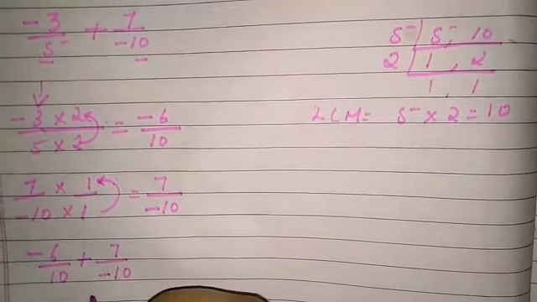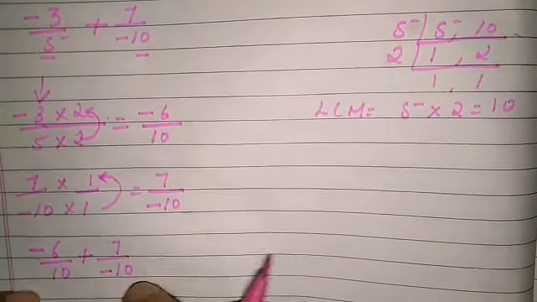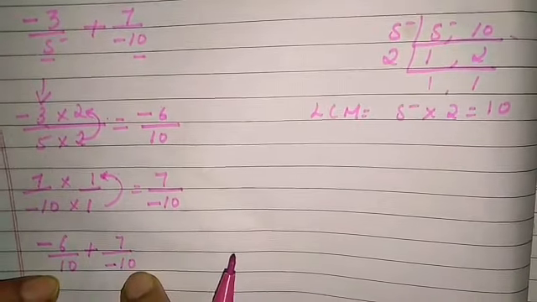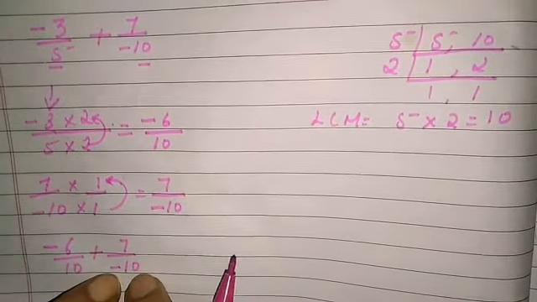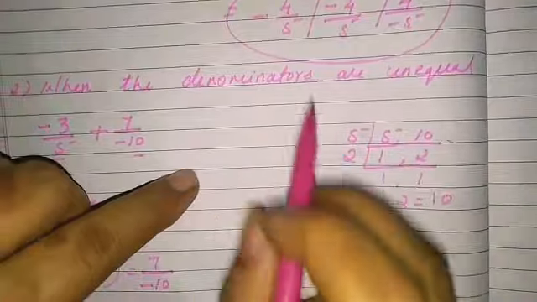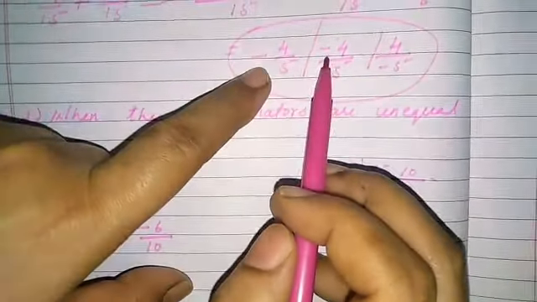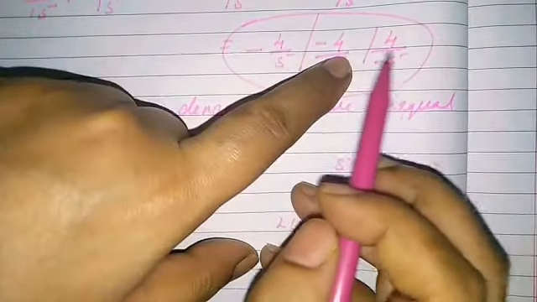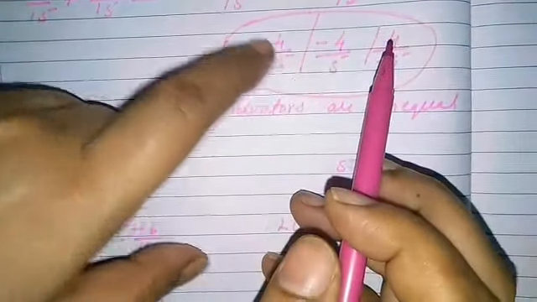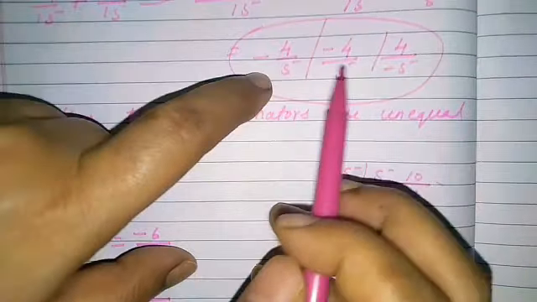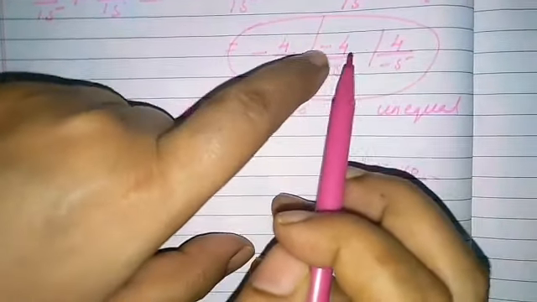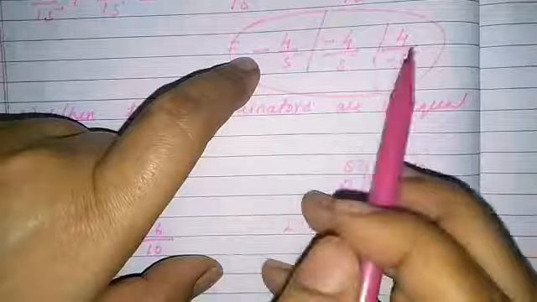What we see is the denominators, although the numbers of the denominators are same, however the sign is different, and I had already told you that we can write it in this form. If it's minus 4 by 5, it is equal to minus 4 by 5, which is also equal to this. So I can put the sign in the numerator, or I can put the sign in the denominator, or I can put it in between.